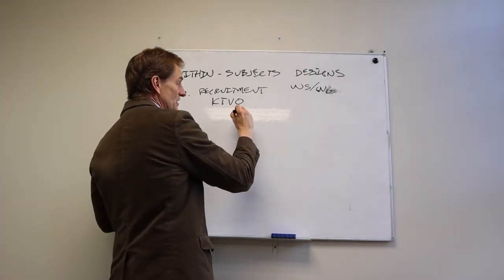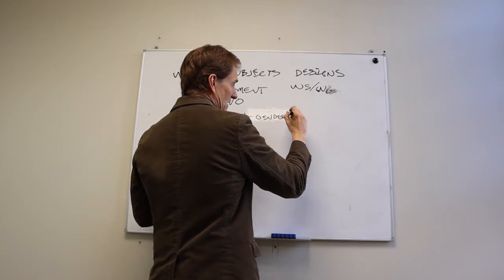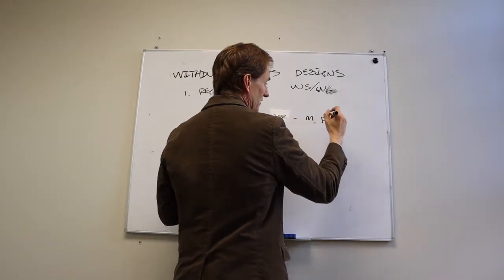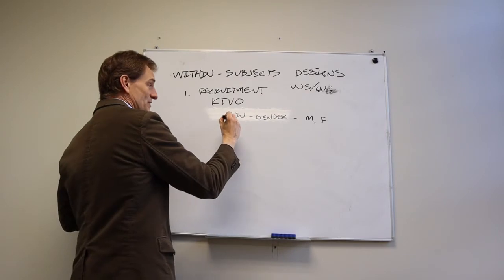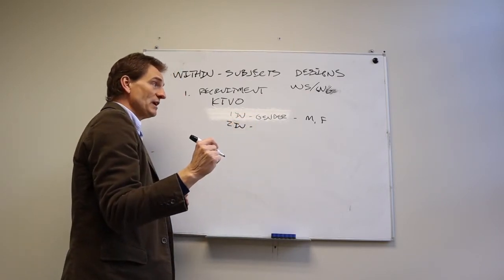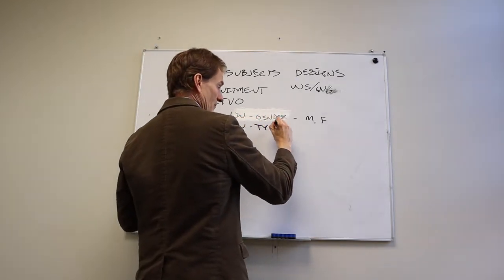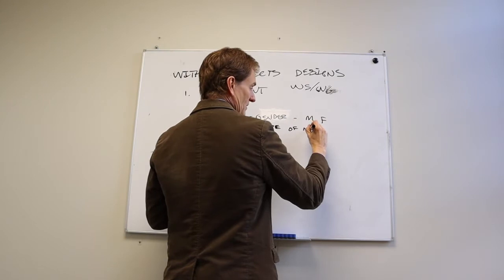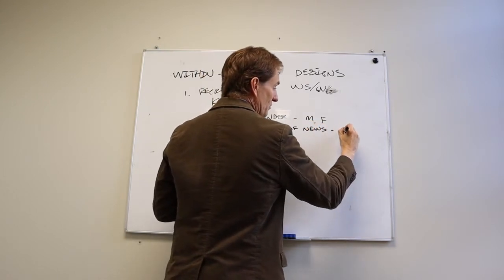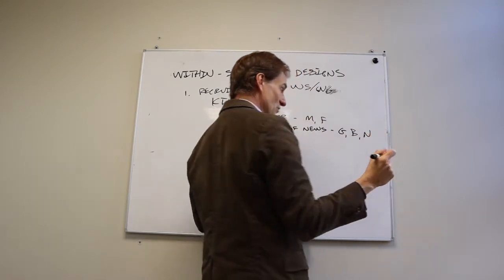But what we could do is we could have a reporter who reads off different types of news, okay? So the first independent variable could be gender. So male or female. I don't consider gender binary, but for purposes of this study. Second independent variable could be the type of news. And so it could be good news, it could be bad news, or it could be neutral news.